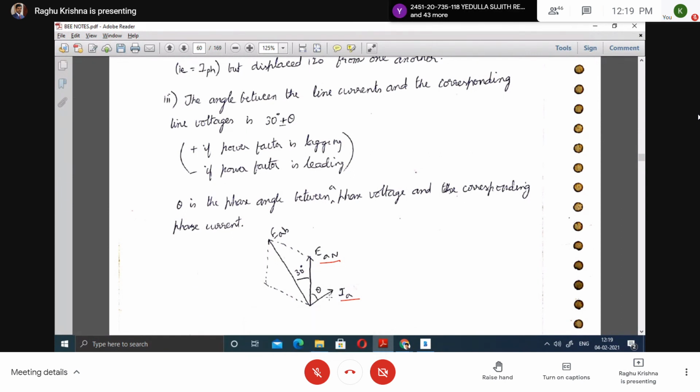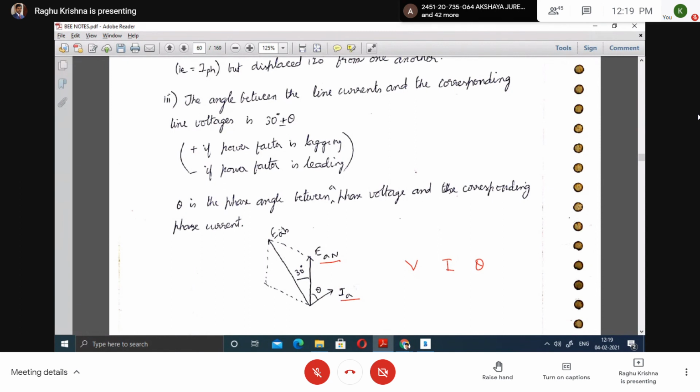You can go through the notes. In a series RL circuit, the angle between V and I is theta. So here the angle between EAN and IA is theta.